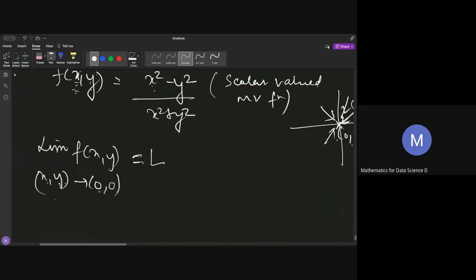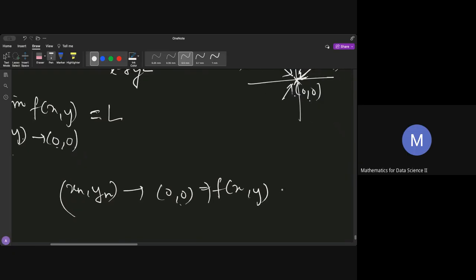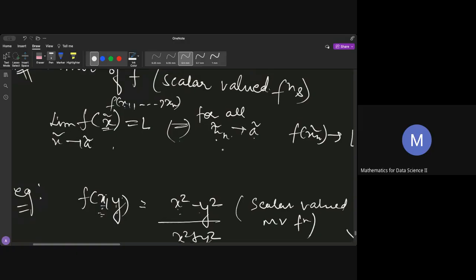It means that whenever I have a sequence (xn, yn) going to (0,0), this should imply that my f(xn, yn) should go to L. If whenever I have a sequence (xn, yn) going to the point (0,0), my f(xn, yn) goes to L, that's what this limit means. That's what the definition says here.